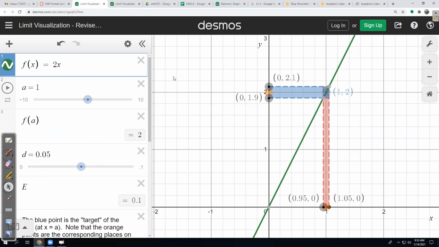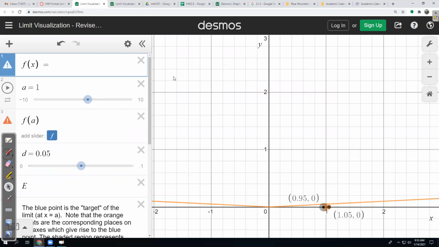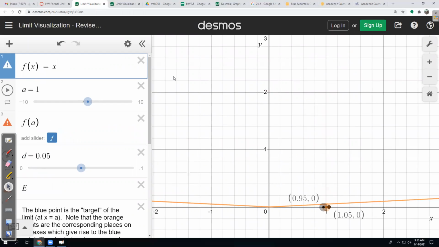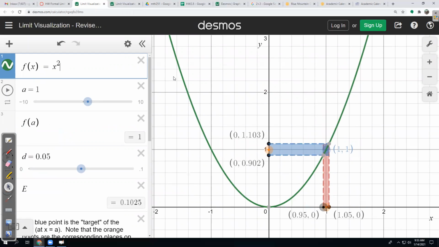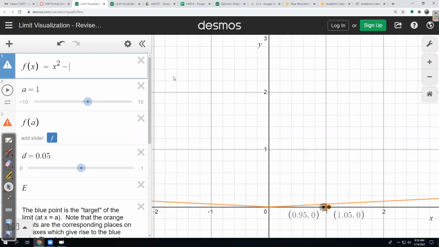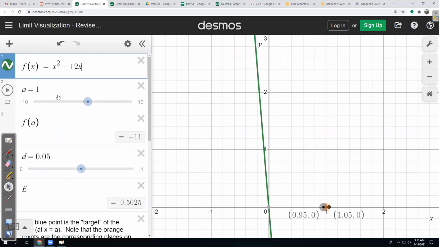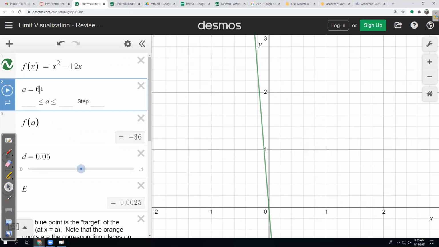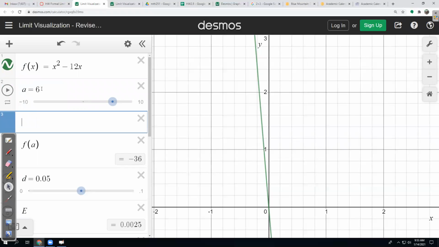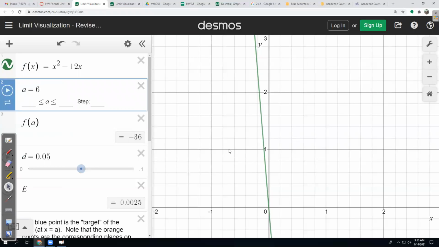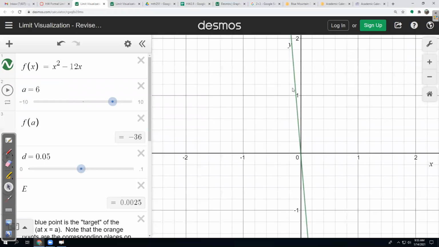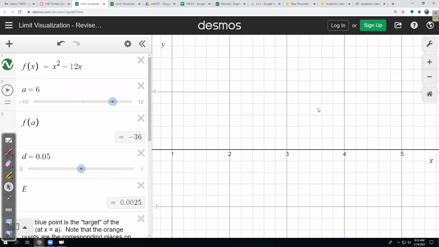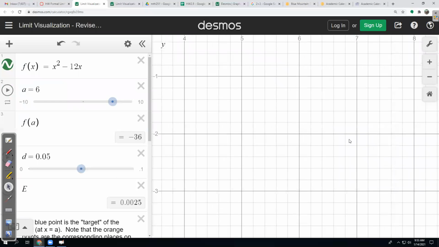Now, the hard part about that, however, is if you plugged in that function we just did, x squared minus 12x, and then you said let a be 6, that's what it was, right? Then you have to zoom over to that point, which is way over and down.